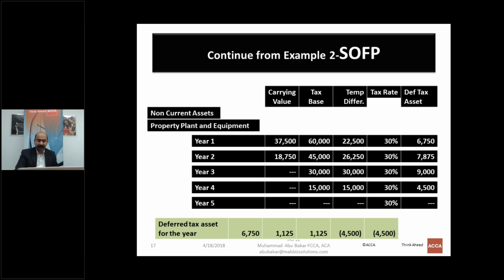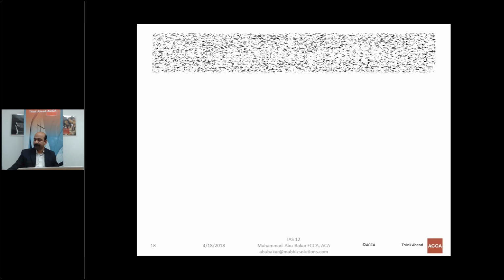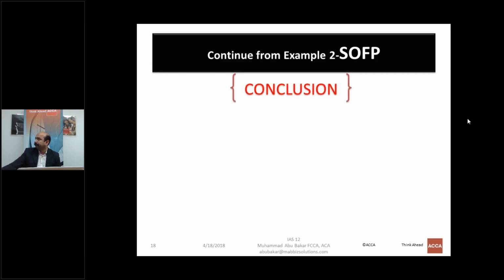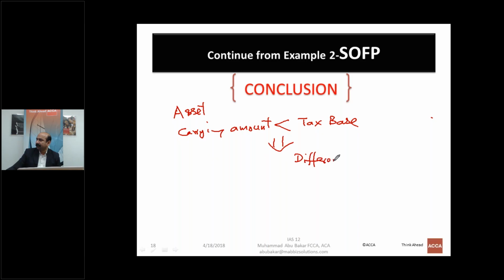So here we can see that in case of an asset, if the carrying amount or carrying value or net book value is lower than the asset's tax base, this difference is termed as deductible temporary difference.